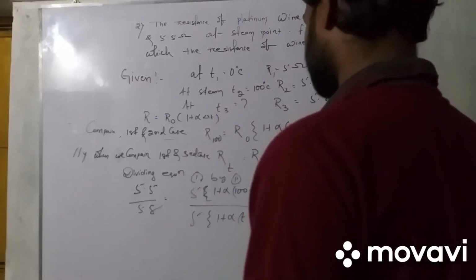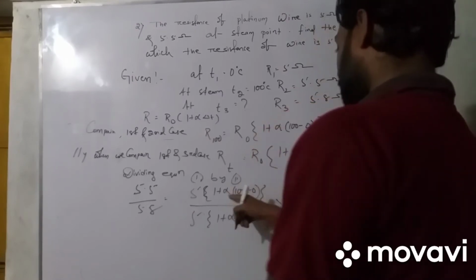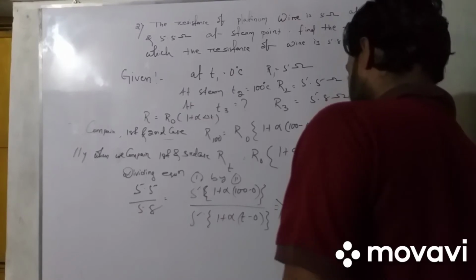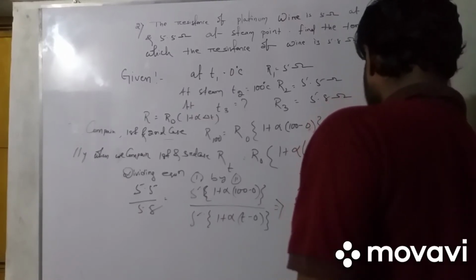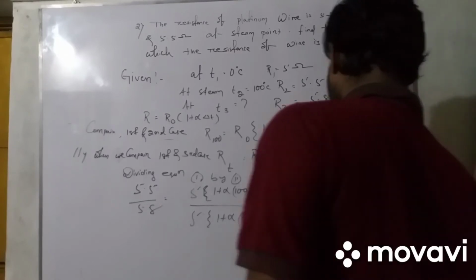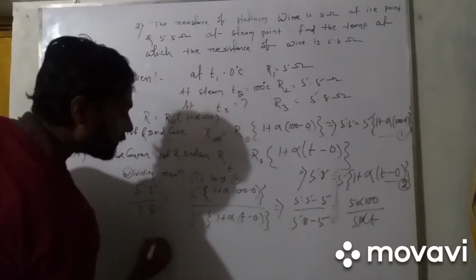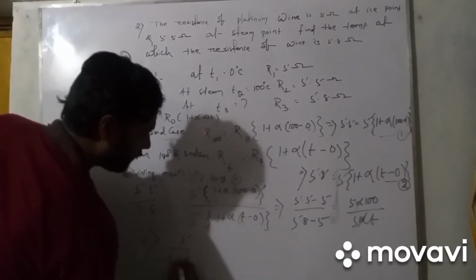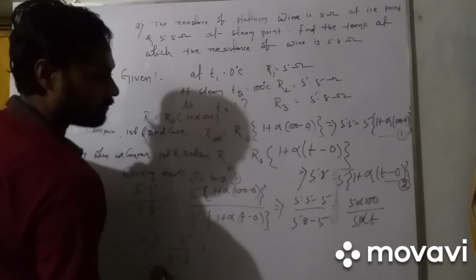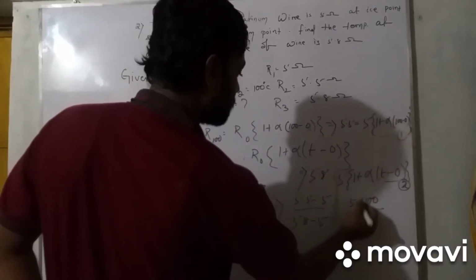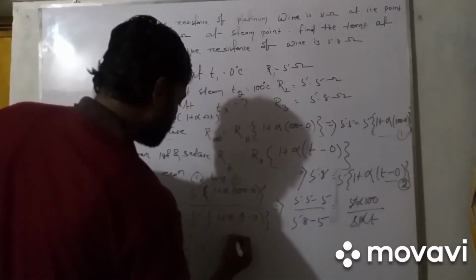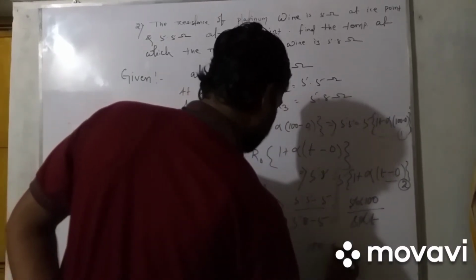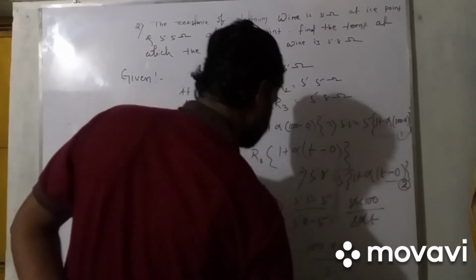Equal to, so here you write 5 alpha 100 divided by 5 alpha T. So alpha cancels out. So in that case we can write 0.5 by 0.8, which is equal to 100 by T. That implies T equals 100 into 0.8 divided by 0.5.